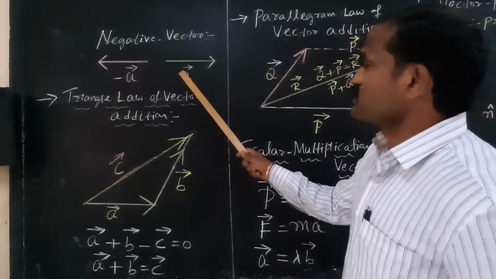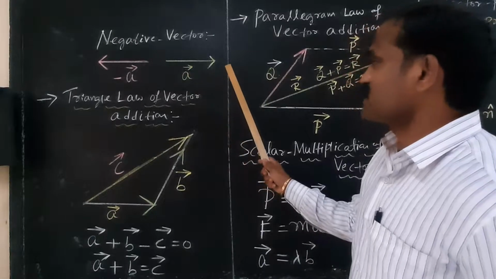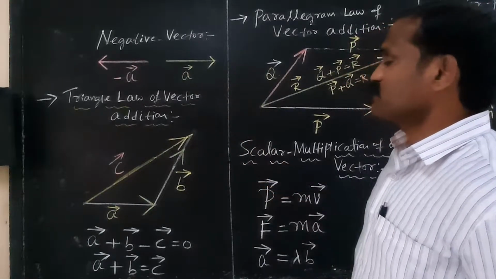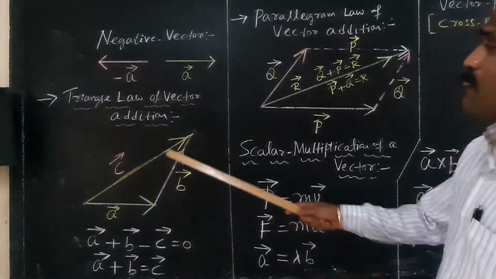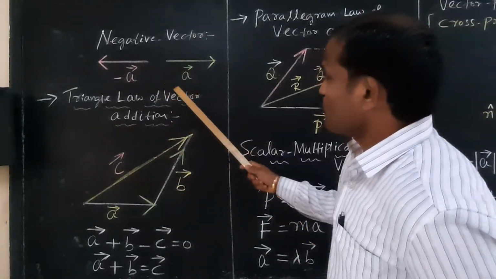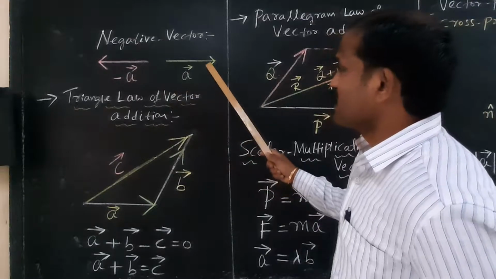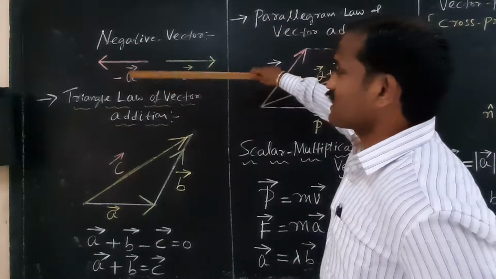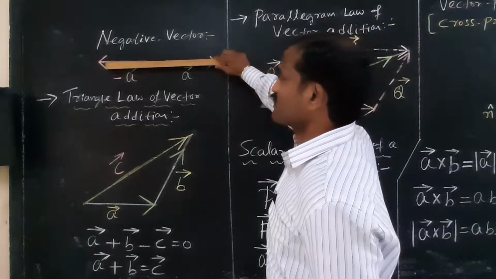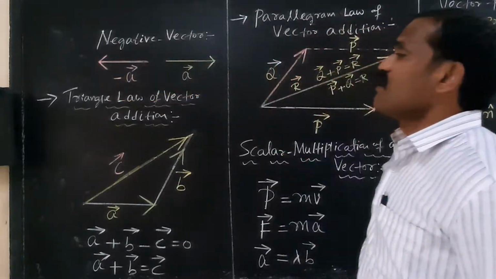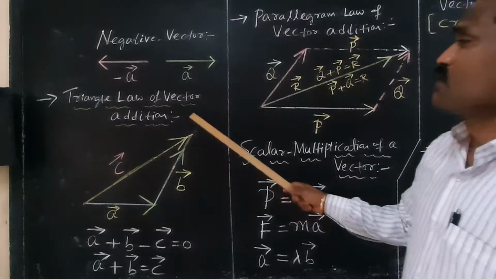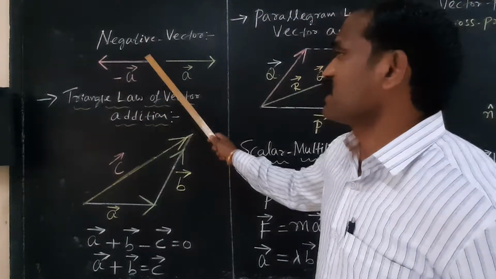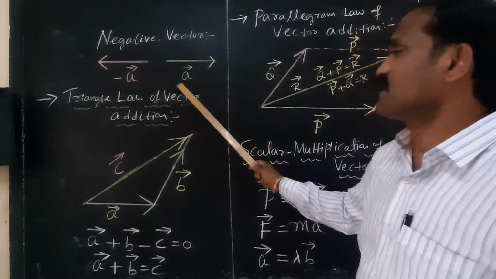Vector A has both magnitude and direction, acting along the positive x direction, and exactly the same magnitude acting in the opposite direction is what is called a negative vector. Therefore, the negative of vector A is equal to minus vector A.